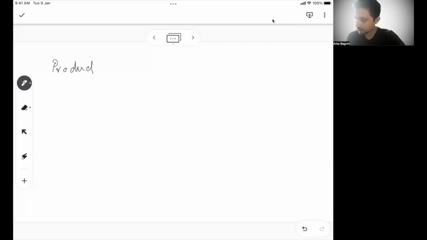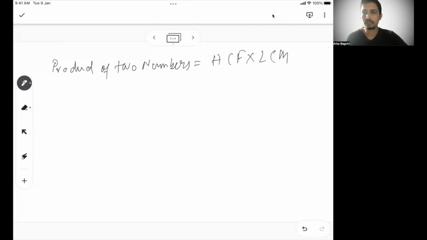So the product of two numbers is equal to HCF into LCM. If I have N1 into N2 equal to H into H K1 K2, this is your HCF and this is your LCM.